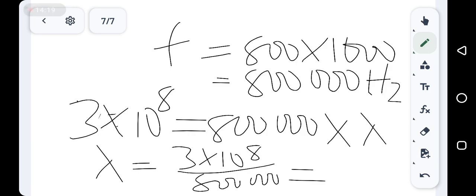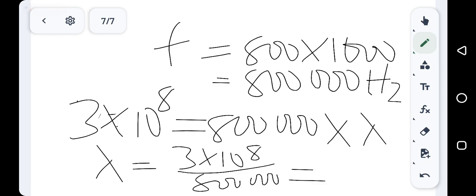this kind of question. In your exam, they may ask you to find frequency instead of wavelength. In our example, we solved for wavelength, but in your exam they can give you the wavelength and ask you to find the frequency, or give you the frequency and ask you to find the velocity.